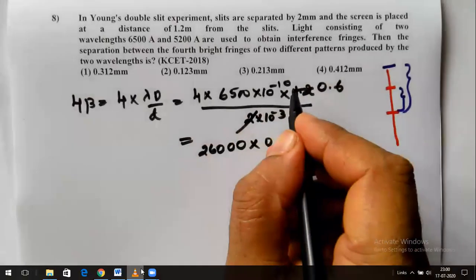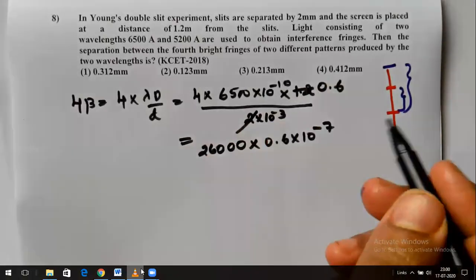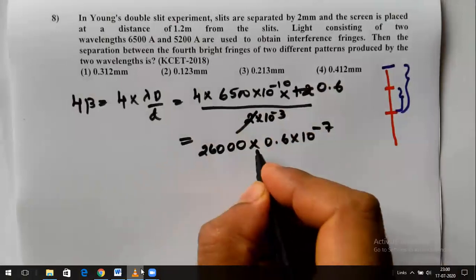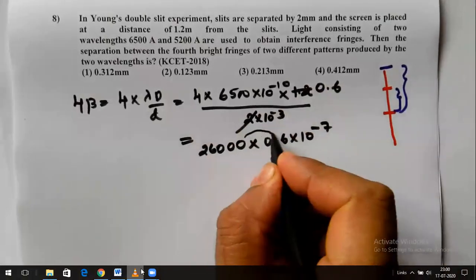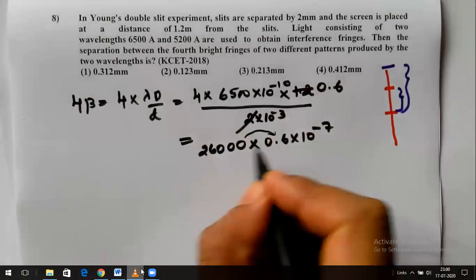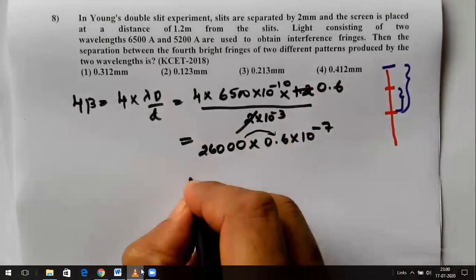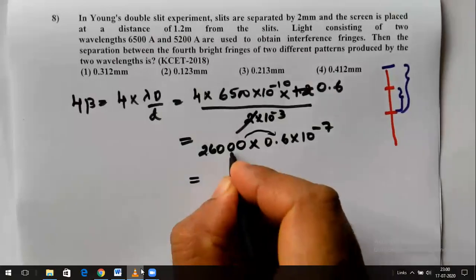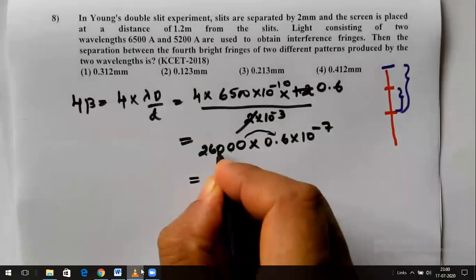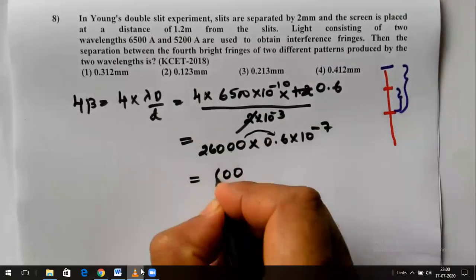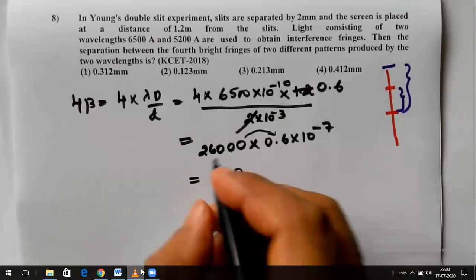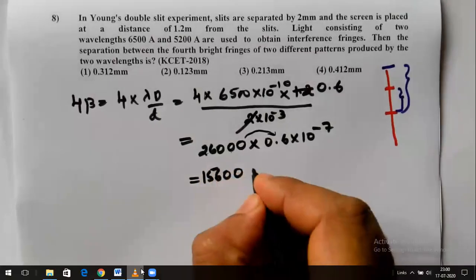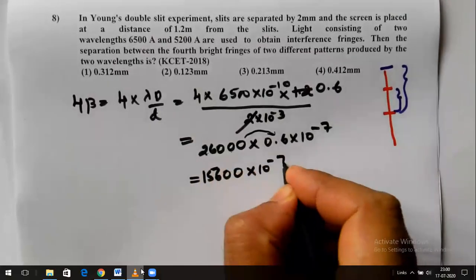because this 10 to the minus 3 will go up and it will be plus 3. Now multiply 0.6 to this 26000. Now I will donate 1 zero to this one so that this becomes 6. So 6 into 2,600, that comes to 15,600, into 10 to the power minus 7.